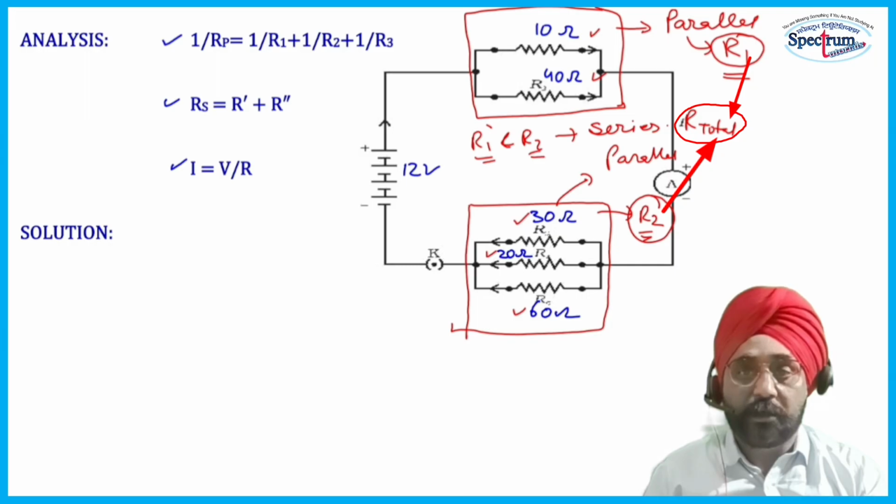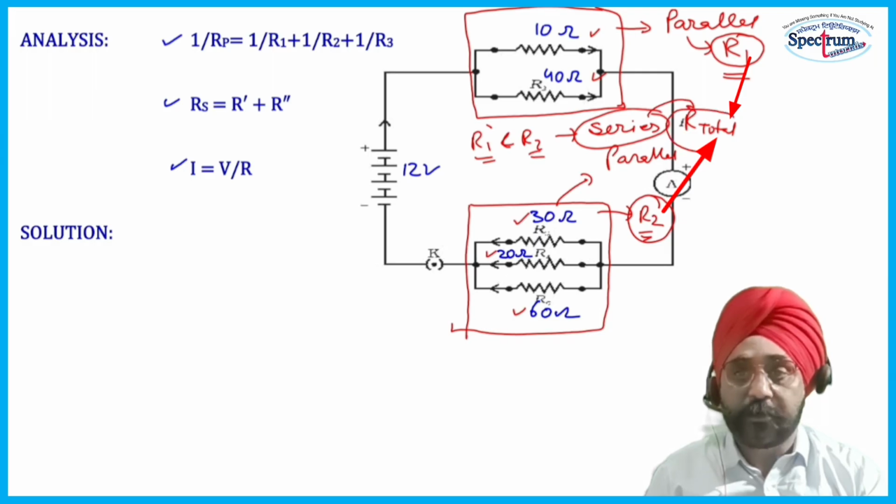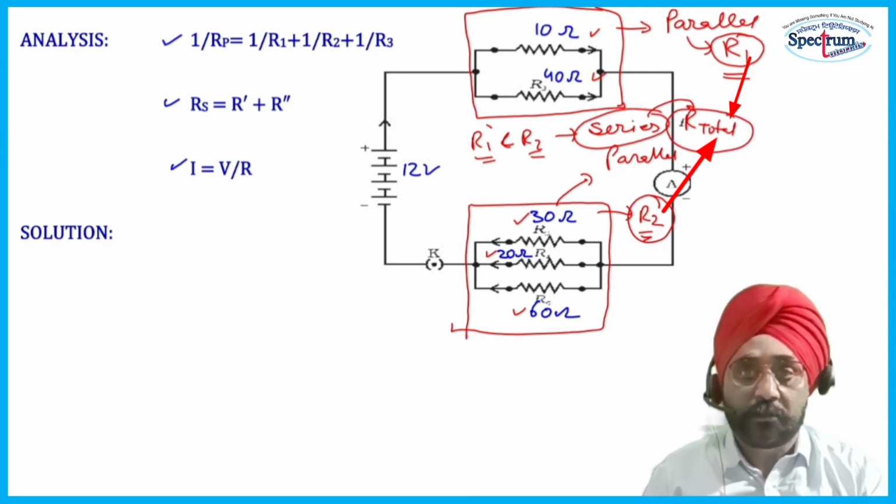R1 and R2 are in series connection, so we add them and find out R total. So this is how we are proceeding in this numerical.